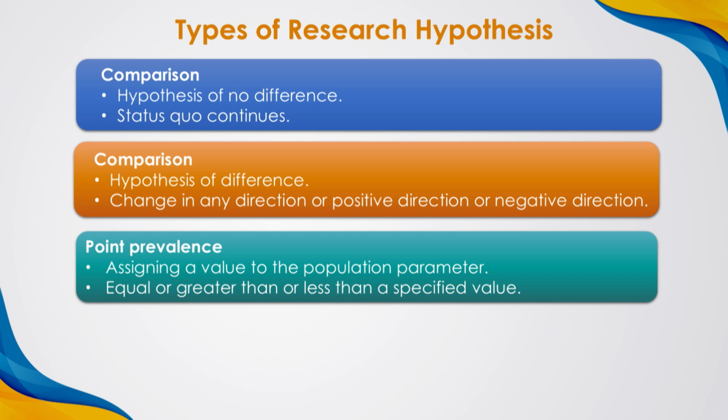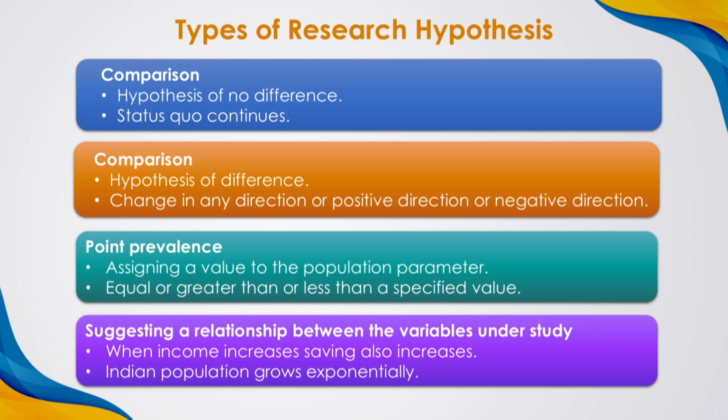The third type of hypothesis is point prevalence. Here we are assigning a value to the population parameter which may be equal to, greater than or less than a specified value. The fourth type of hypothesis is a relationship between the variables under study.